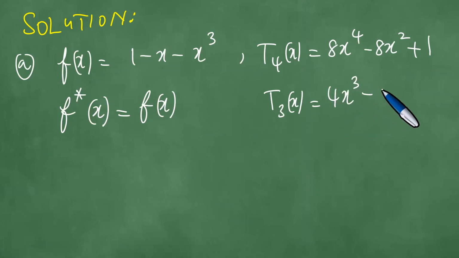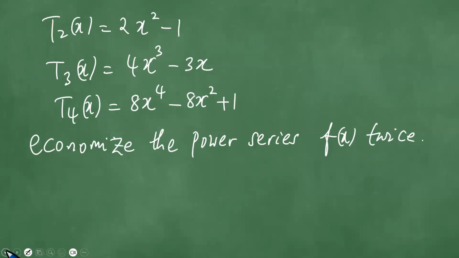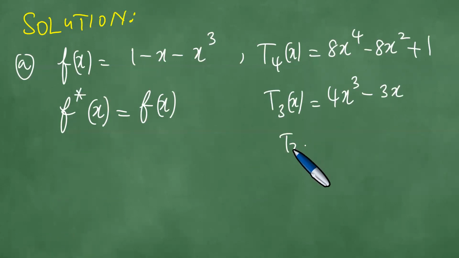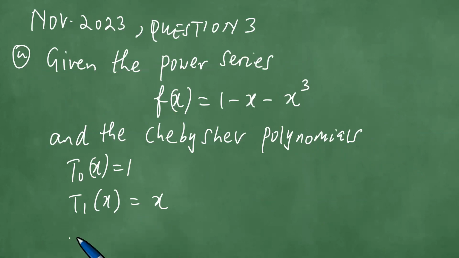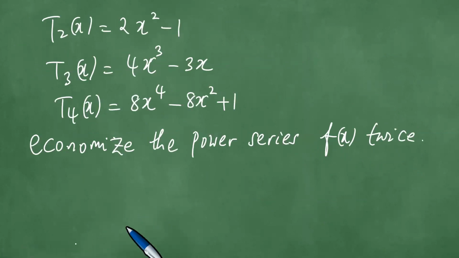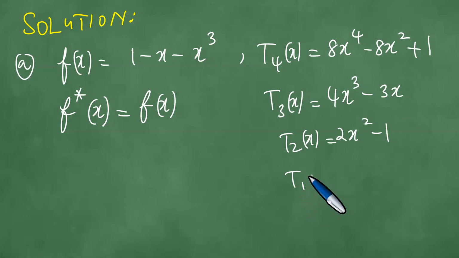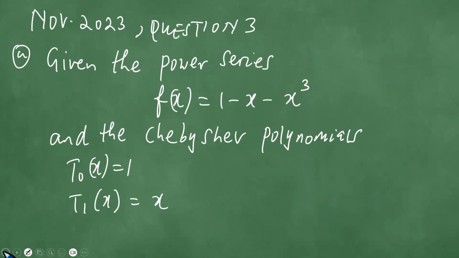And then there is T2 of x, which is 2x squared minus 1. And then there is T1 of x, which is x, and then T0 of x, which is 1.